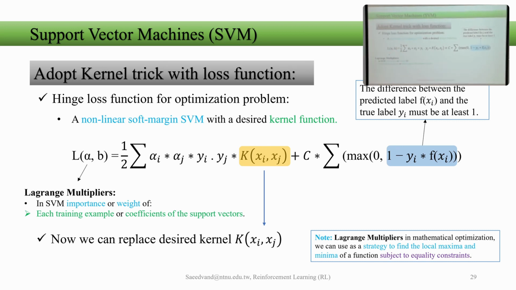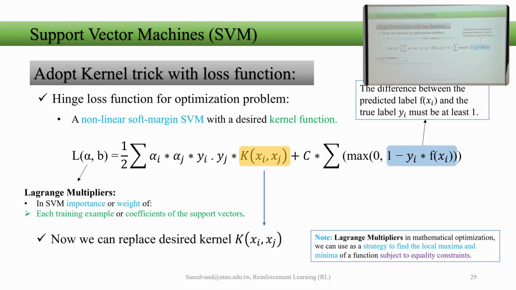Alpha comes from Lagrange multipliers. Lagrange multipliers come from mathematical definitions that in SVM show the importance or weight of each training example, or the coefficients of the support vectors. So how important is this?